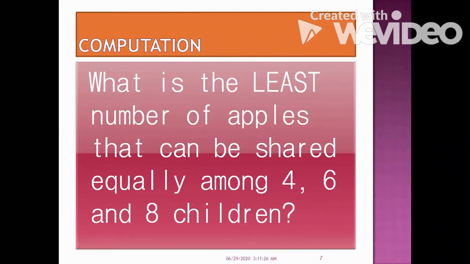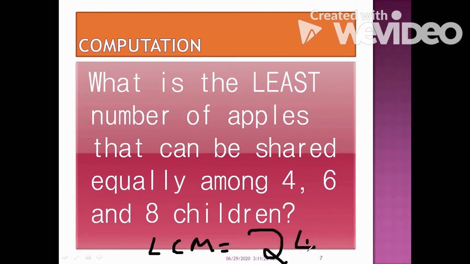What do you think is the lowest number that 4, 6, and 8 can go into without leaving any remainder? Well, it turns out to be 24. So for this question, we find the LCM, and the LCM turns out to be 24.